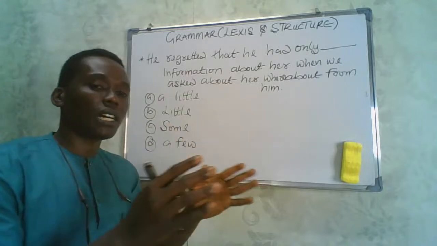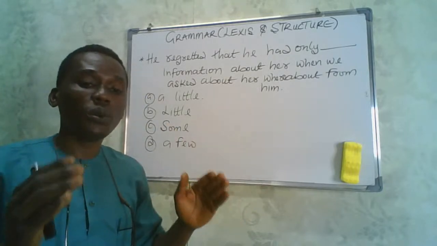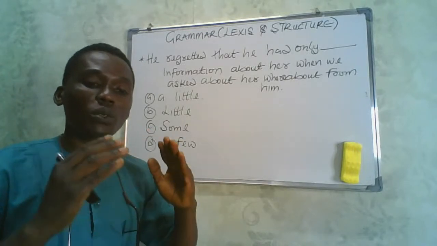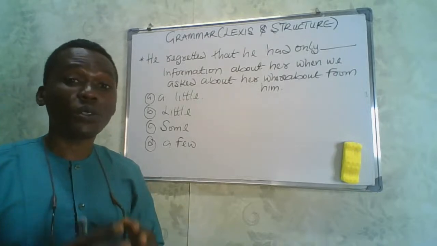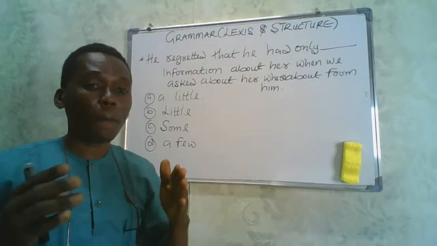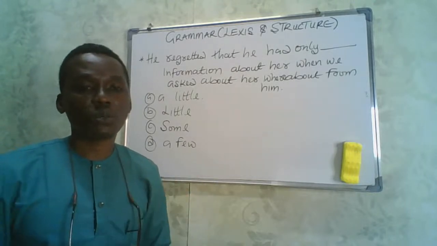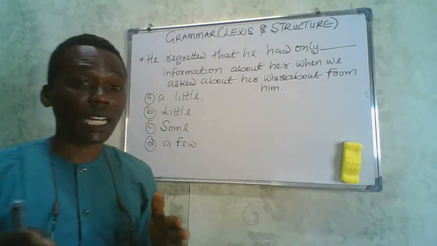They are all lexical items or lexes. Now, structure is the rules that guide the combination of such words in order to form meaningful utterances. Now, if you don't know such rules, answering such questions correctly might be a serious problem. So, this is the aspect we are going to discuss in our next class.